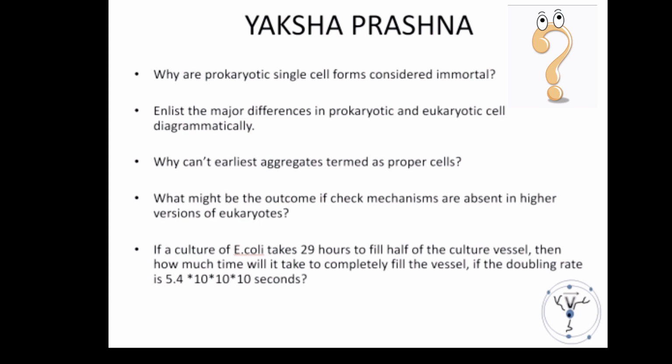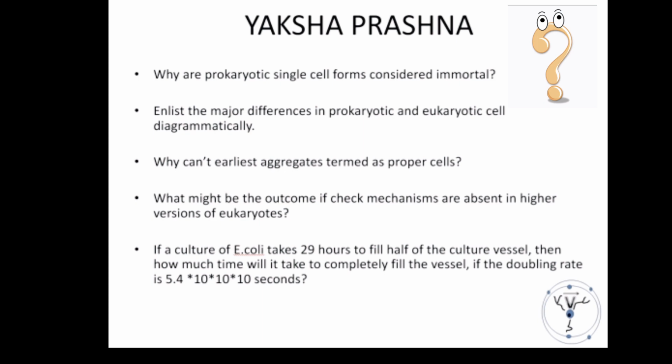And question number 5, if a culture of E. coli, that is Escherichia coli, takes 29 hours to fill half of the culture vessel, then how much time will it take to completely fill the vessel if the doubling rate is 5.4 into 10 into 10 into 10 seconds? Students, kindly solve these questions to get your concepts more correct.